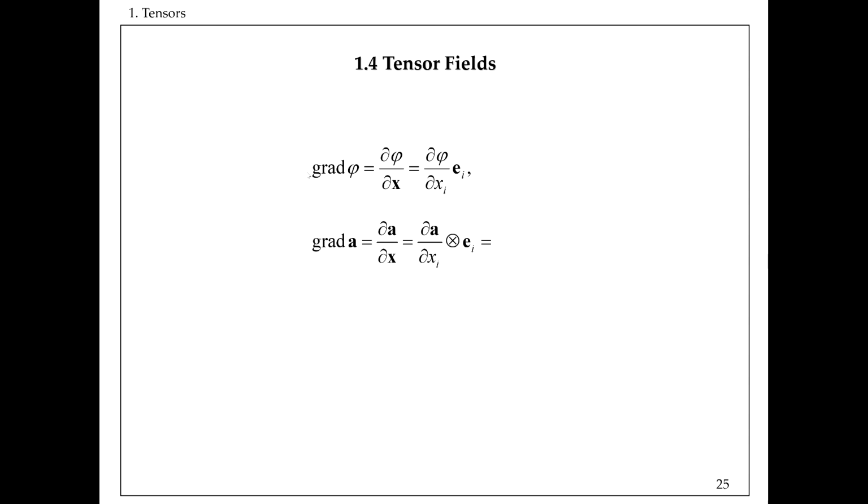The result of the gradient of a vector, let's say A, would produce a higher order tensor. When we took the gradient of a scalar, we increased the order of the tensor and produced a vector, a first order tensor. Now we take this gradient differential operator over A, and our result will be a second order tensor.